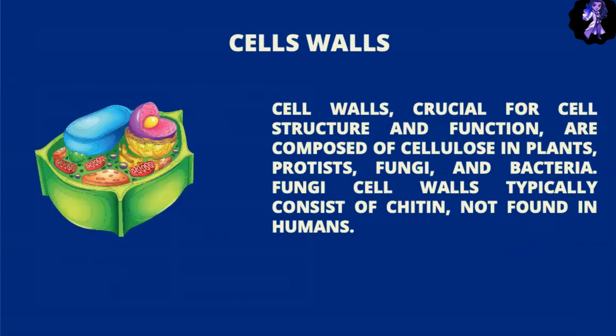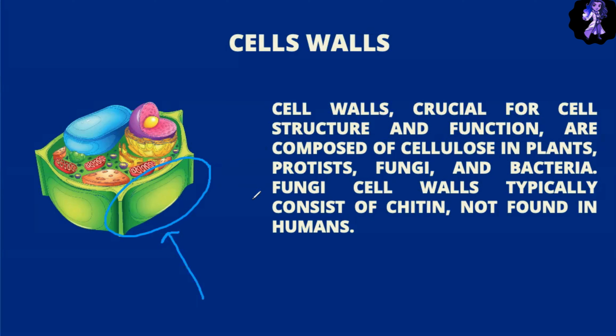So let's talk about cell walls. Now, if you remember, animal cells don't have cell walls. This is a picture of a plant cell, and the cell wall provides an extra barrier. It's crucial for the plant cell barrier or for protists, fungi, and bacteria, which have cell walls as well.